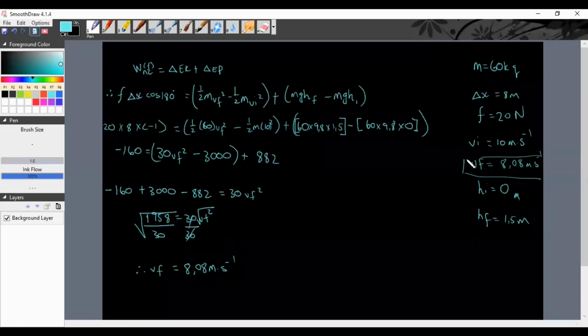This one we used work done by friction, which is the non-conservative force, equals the change in the object's kinetic energy plus the change in the object's potential energy, and we got the exact same answer. This is in a closed system, obviously, so there are no external forces.